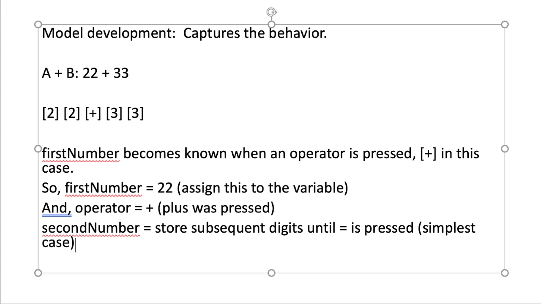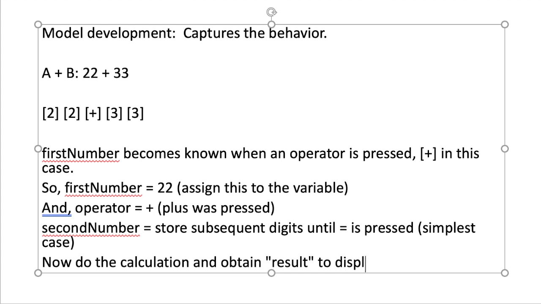We can do the computation. Using the first number, the operator and the second number, we can calculate a result. So if this is plus, this will be 22 plus 33. If it was minus, it will be 22 minus 33, whatever the operator is.